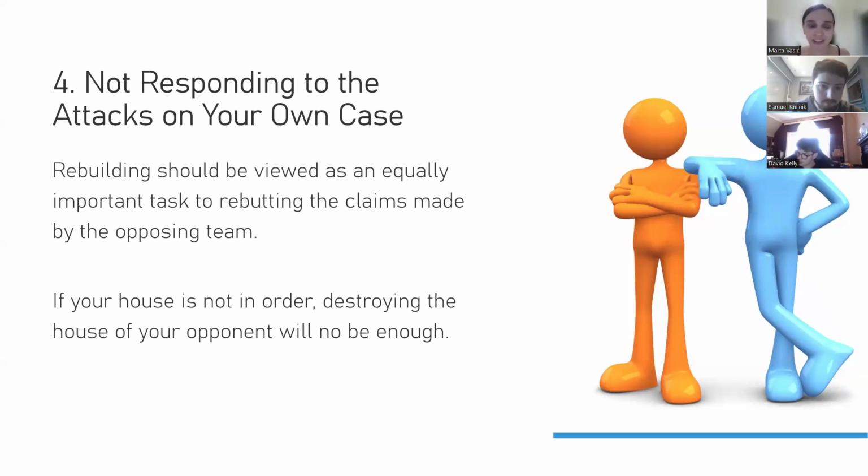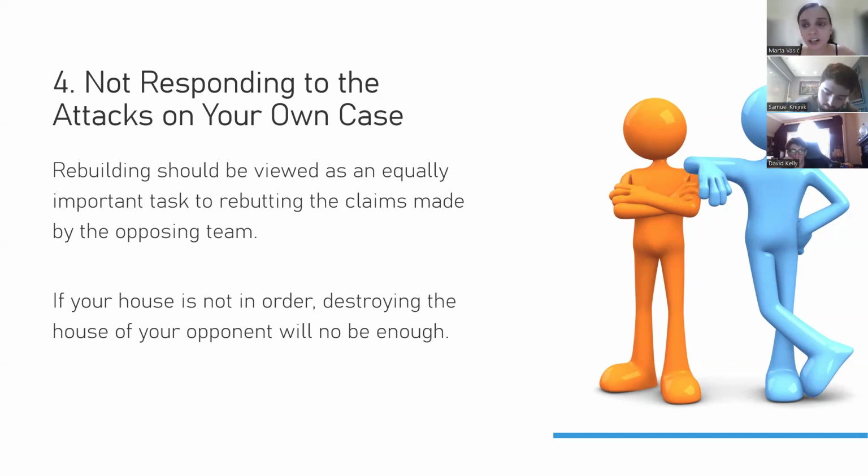And this is something which is so rarely done today. Very often second speakers, even if some rebuttal by the previous speaker was done to their case, almost don't mention it at all, or they mention it in passing. And this is really bad, because the attacks on your case have happened and the judge has written them down, and you cannot just act as if they did not happen.